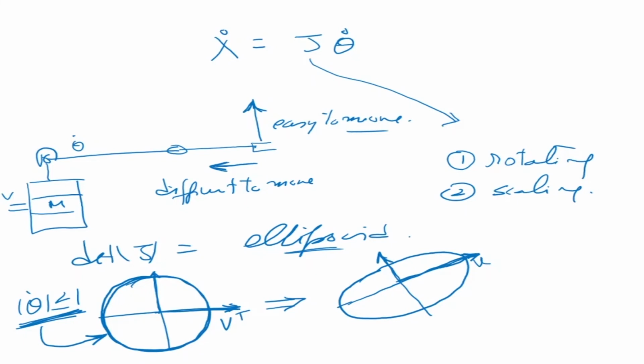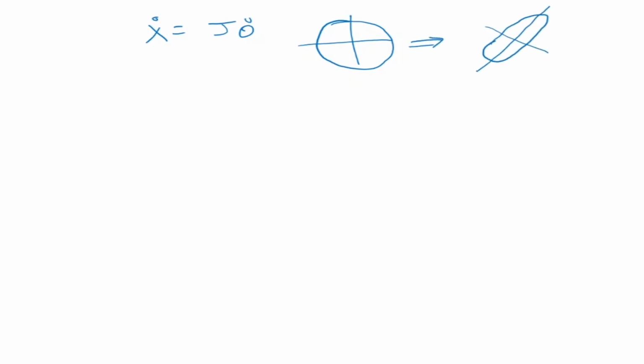It has rotated by some angle, and it has scaled it, meaning it has stretched it in some direction and shrunk it. In this direction it has stretched, in this direction it has shrunk. So this is an interesting transformation, x dot is equal to J into theta dot. It takes a sphere, stretches it, and makes it into an ellipsoid.